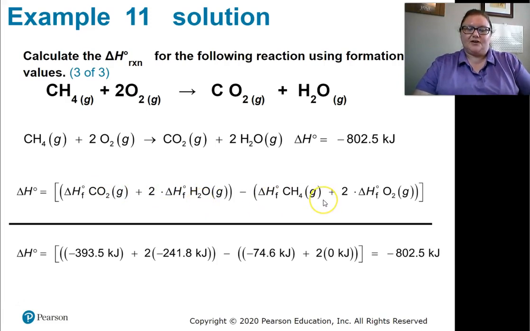We're going to have to look up these values. The delta HF formation for carbon dioxide, water, methane, and oxygen. And so when we find those values, we plug those in. We do the order of operations, we combine like terms, and we arrive at the answer here.